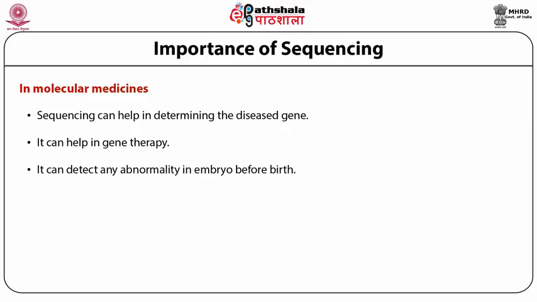So it is important for prenatal diagnosis or prenatal counseling. So if any embryo is suffering with a certain kind of major chromosomal defect, a decision can be taken for termination of pregnancy before birth.